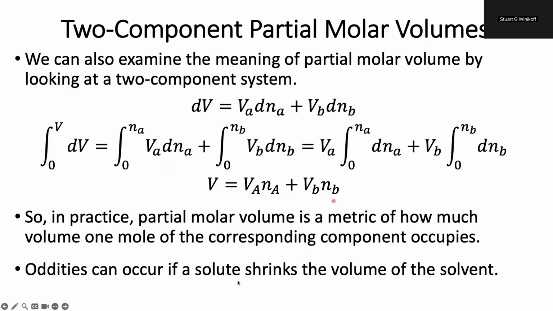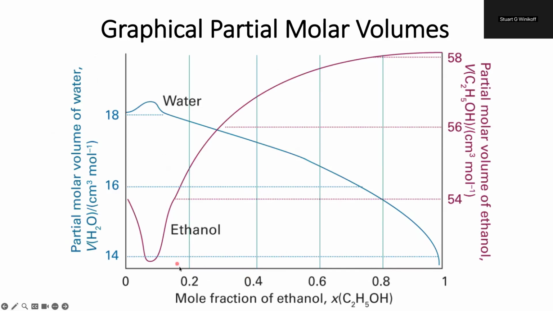Now, again, oddities can happen if as I add a solute, it shrinks the volume of a solvent. And we do actually have some cases of this. For example, if I have a mixture of water and I start adding ethanol, as I add a little bit of ethanol, this can actually have a negative molar volume.